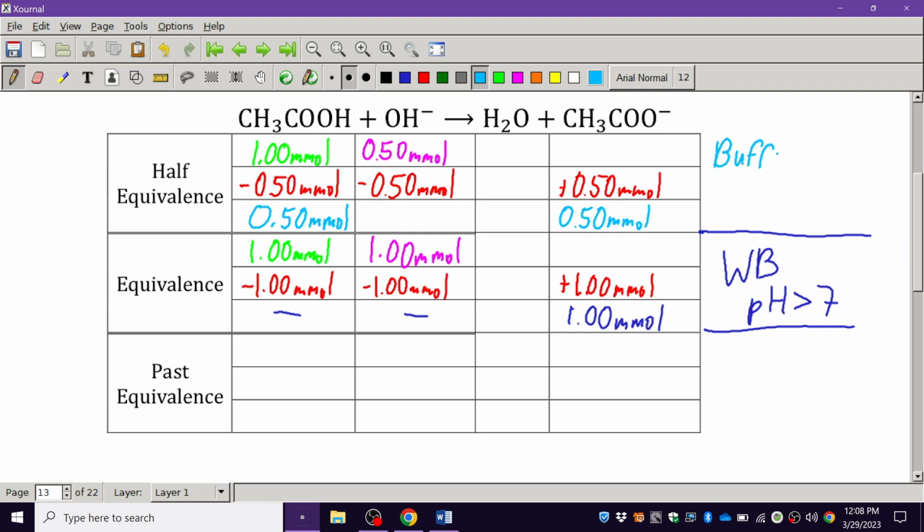And you can see this is a special kind of buffer, as we've talked about before. But even if you didn't go exactly to half, you'd still have a buffer because you'd have appreciable quantities both of conjugate acid and conjugate base. All right. But the other thing that's true, and this is something you want to remember, at 1/2 of equivalence, as we have here, what's true about the pH of this buffer?